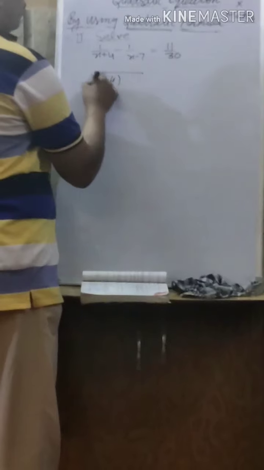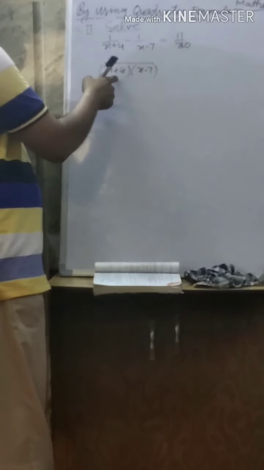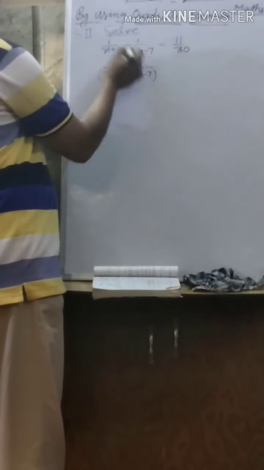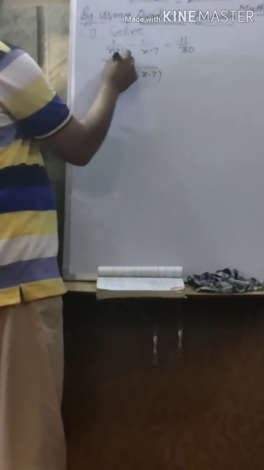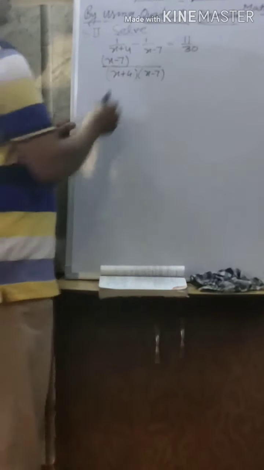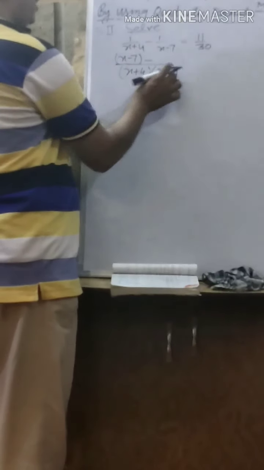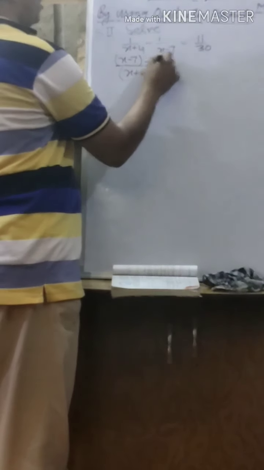Now what is the LCM here? X plus 4 into x minus 7. So x plus 4 cancels, x minus 7 remains. Then x minus 7 cancels, x plus 4 remains.